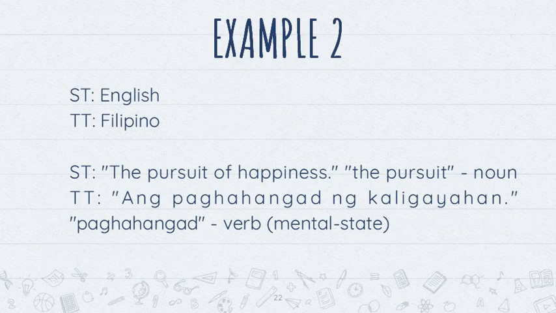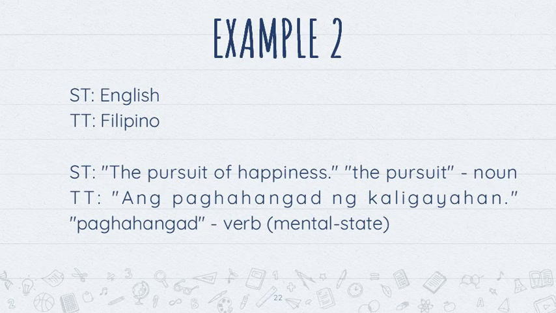Now, let's use a longer sentence, remaining English as the source text. The source language is for the pursuit of happiness. The noun here is the words the pursuit. And using the Filipino language, it is translated as ang paghahangad ng kaligayahan.